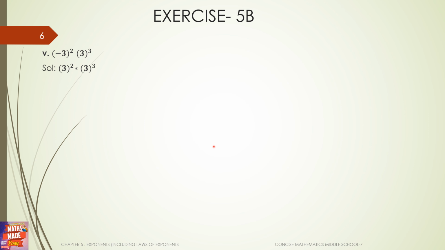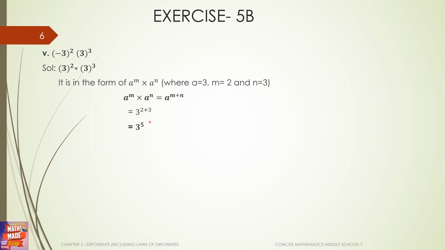Now, if you look carefully, it is in the form of a to the power of m into a to the power of n, where a is equal to 3, m is equal to 2, and n is equal to 3. A to the power of m into a to the power of n is equal to a to the power of m plus n. And what is a? A is 3. What is m? 2 plus 3. 2 plus 3 is 5. So, 3 to the power of 5 is the answer.